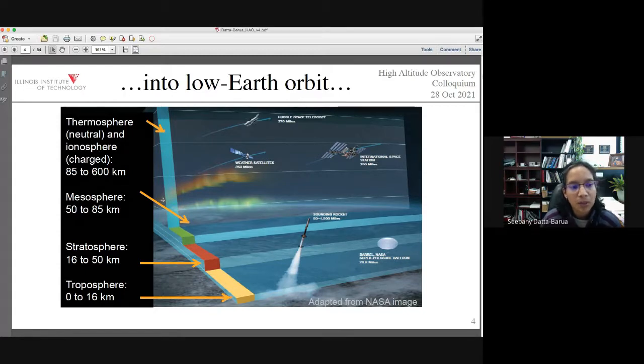That's neutral particles. And in that layer, charged particles also exist. This constitutes the ionosphere. And at about 100 kilometers altitude, the main engines would essentially deposit 300 tons of water vapor, at very high altitude, into the atmosphere.